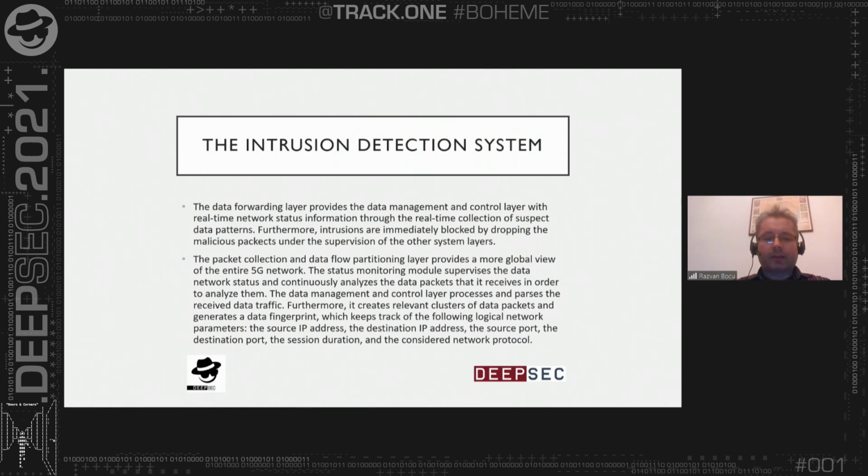In this context, it is useful to discuss the packet collection and data flow partitioning layer, which is the component responsible for the provision of a more global view of the entire 5G network. Furthermore, it's relevant to note that the status monitoring module supervises the data network status and continuously analyzes the data packets that are received in order to ensure that a proactive and almost real-time analysis is being performed.